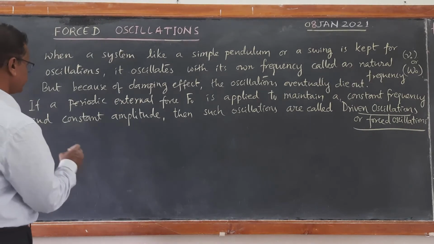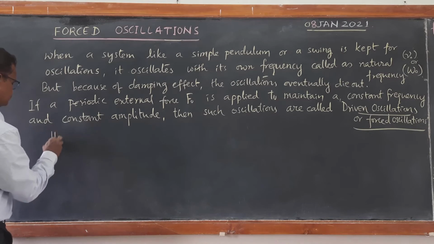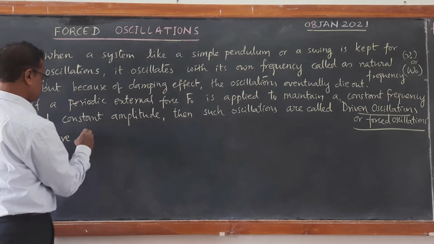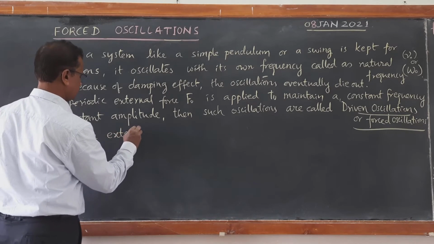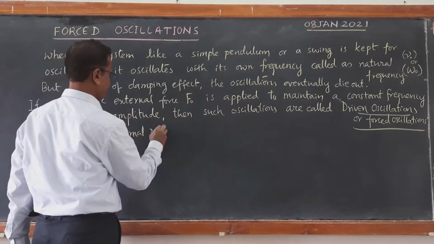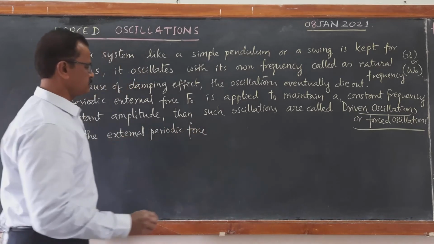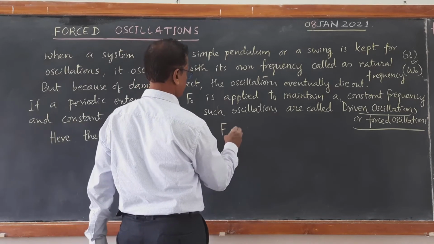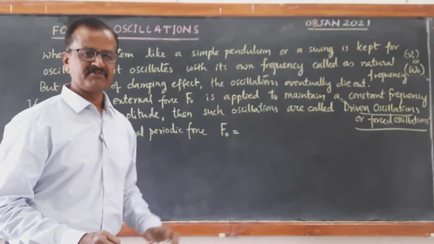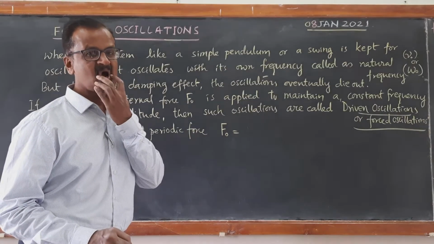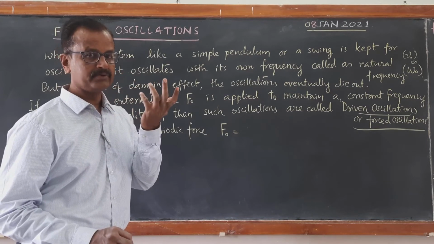Now, here is the equation for the external periodic force. It should be periodic. We will represent it as F naught, because Fd we already used for the damping force.